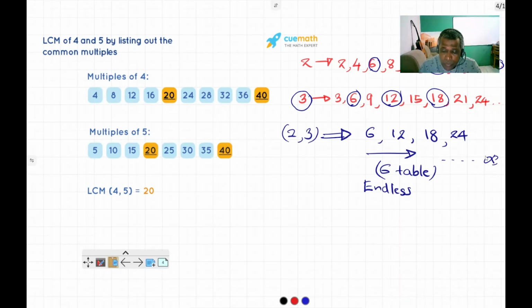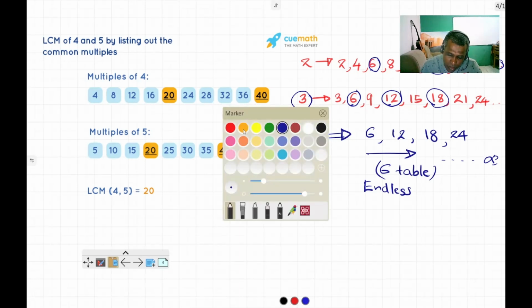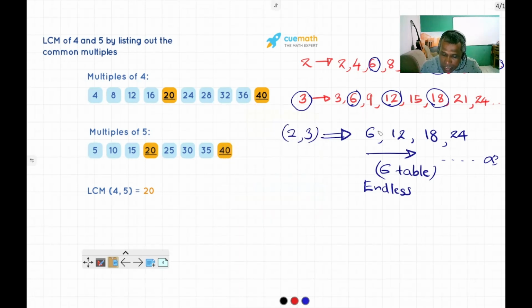So that means we don't have a highest value. We only have the smallest one. What is the smallest value here? The smallest one is 6. 6 is the smallest common multiple.